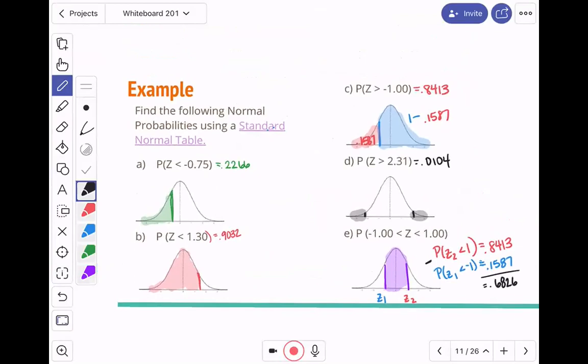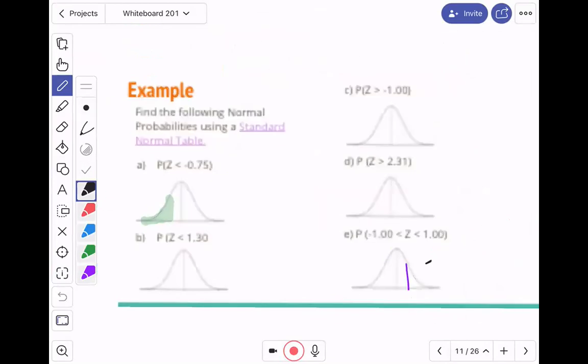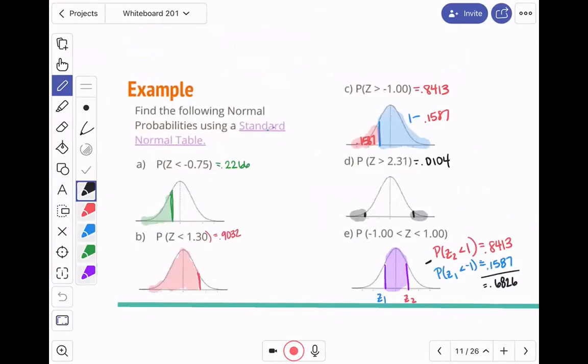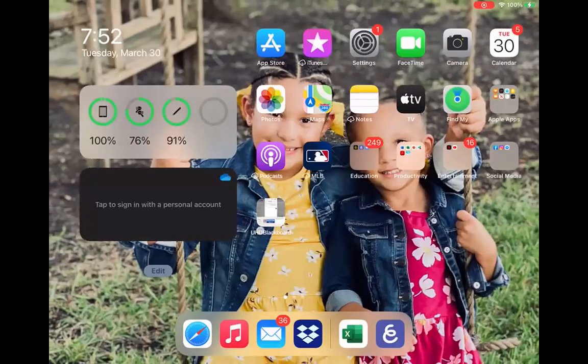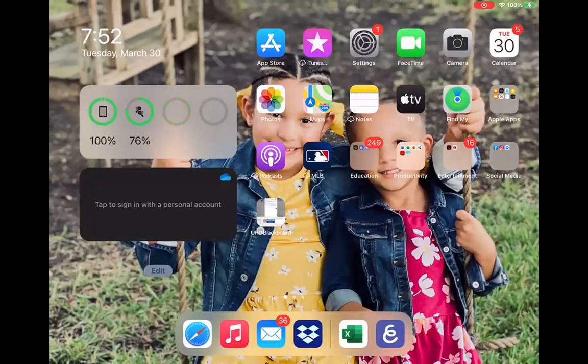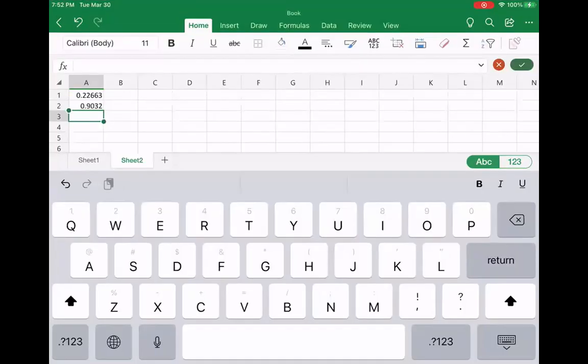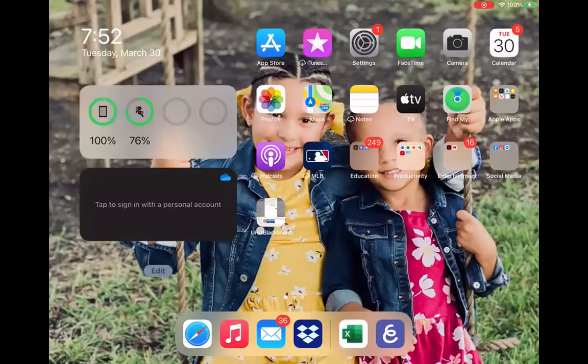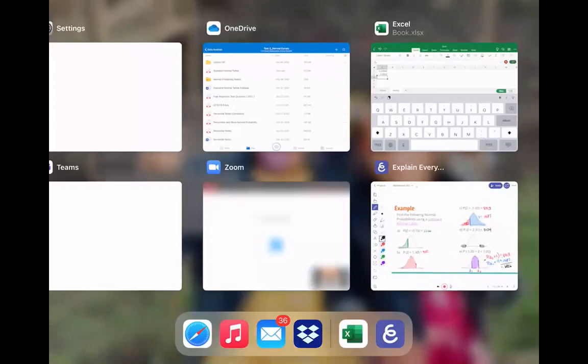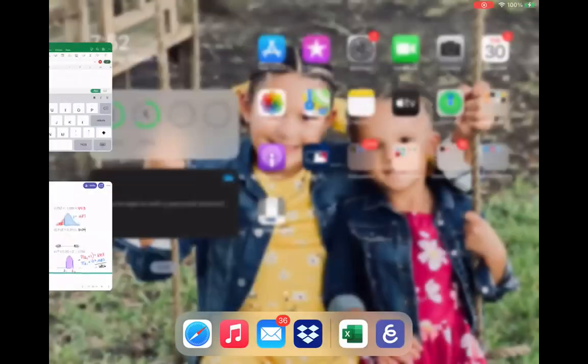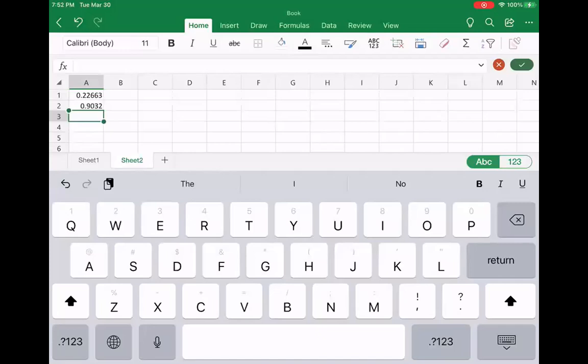And so if you want to do the greater than problems, there are two ways you can do them. The first one was greater than -1, right? If we want to find greater than -1, I would do this.